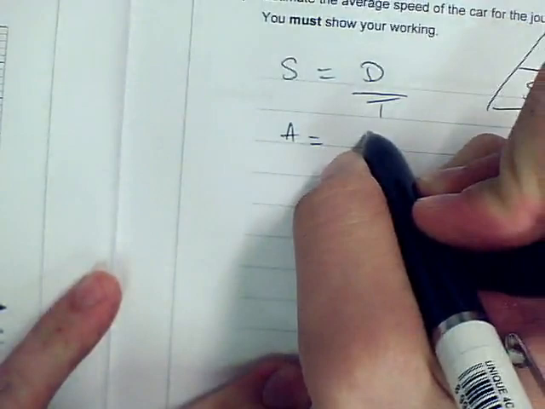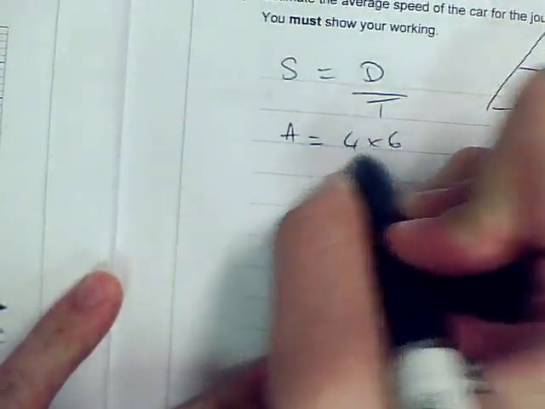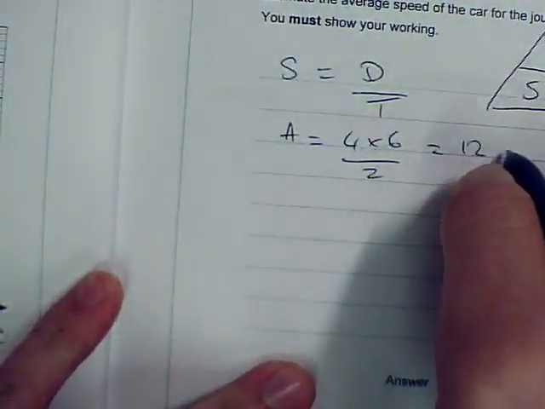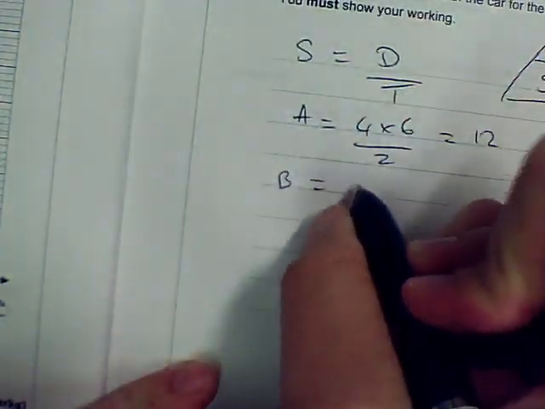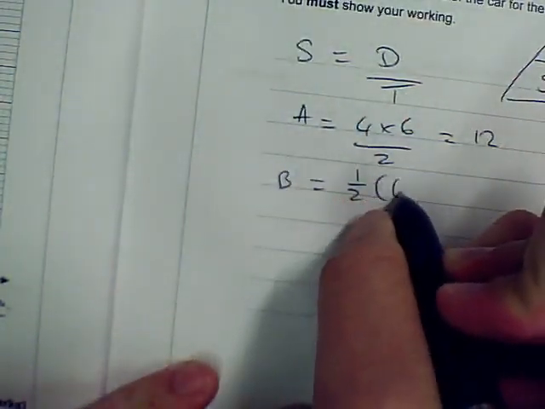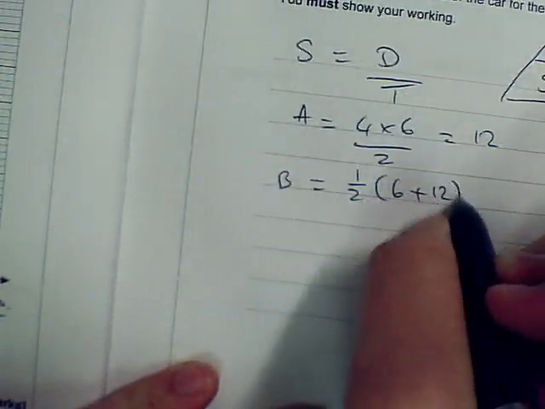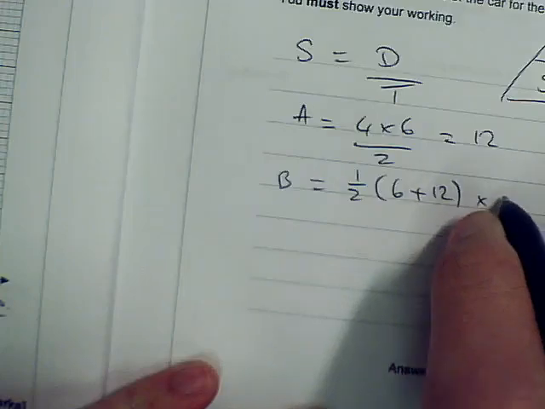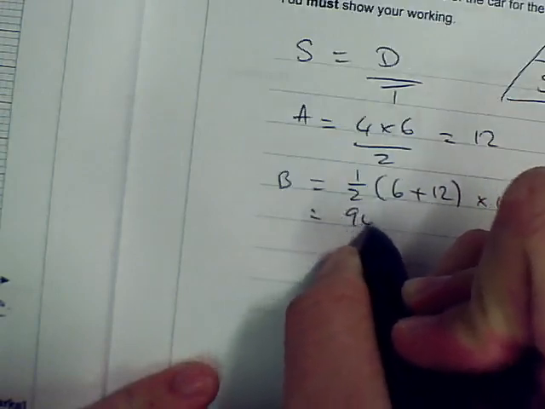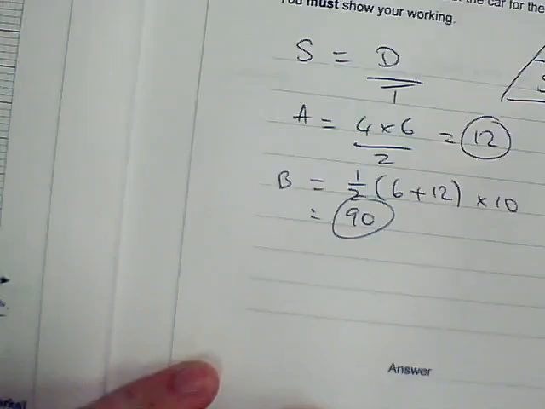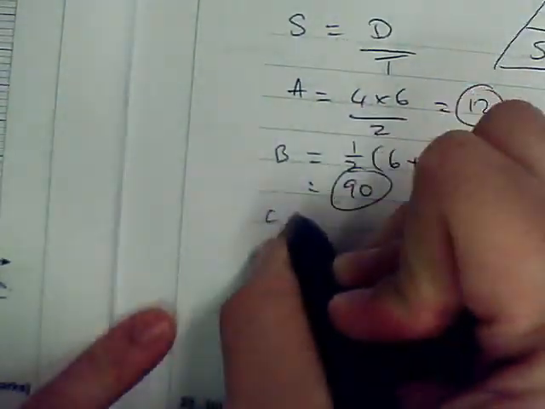So A equals, I did 4 times 6 divided by 2, which was 12. Then B equals half of A plus B, using the trapezium formula, multiplied by the distance between them, which I said was 10, and that gave me 90. I'm going to circle these, so I know to add them in a minute.